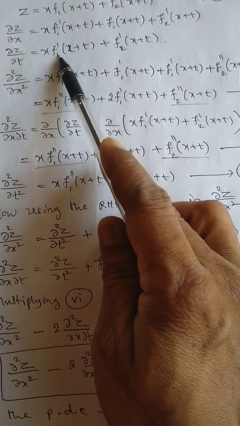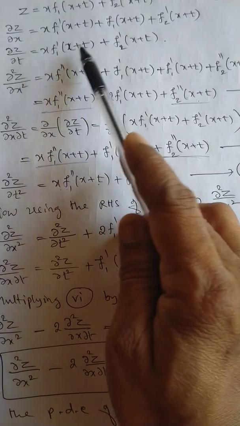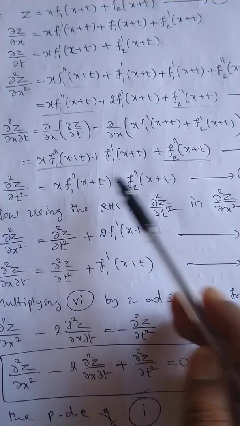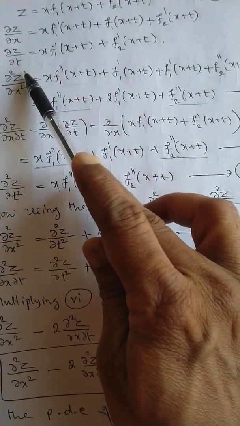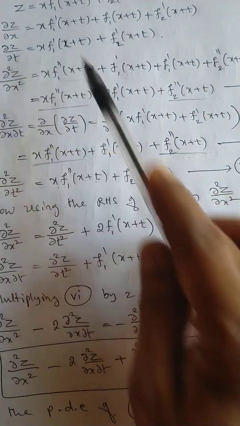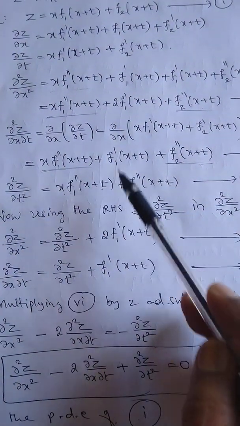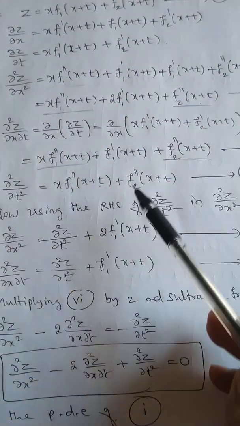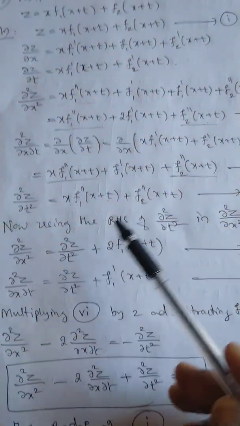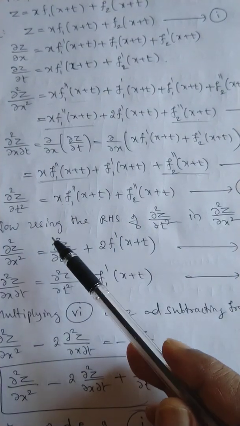So x into only f1 dash differentiation with respect to t, which is f1 double dash, plus, in this we are not using product rule because we are differentiating partially with respect to t. So x f1 double dash plus f2 dash differentiation is f2 double dash.